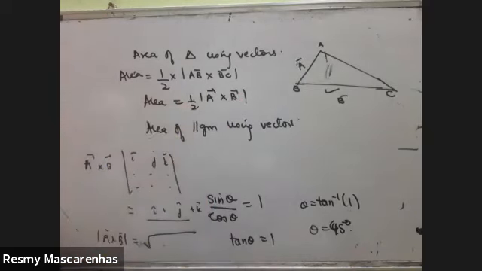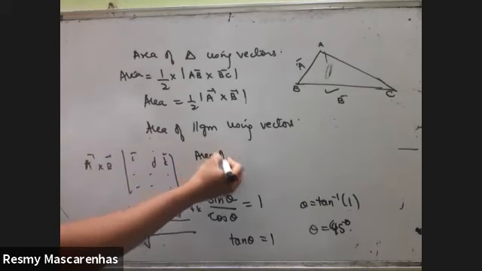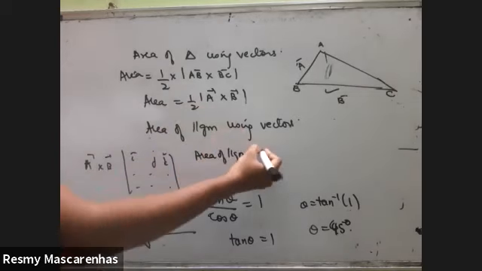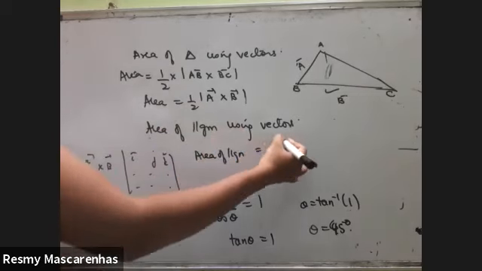The area of a parallelogram is nothing but the same, only this half will be missing. You don't have to divide by 2. Same process. A will be given, B will be given. You just put it, find the vector, find the magnitude. Whatever you get, just put units there.